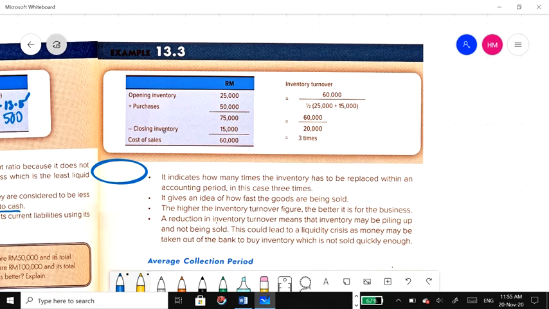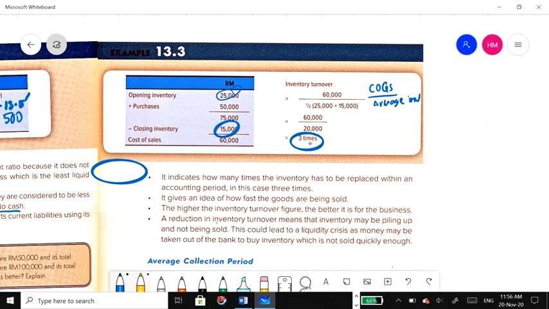So closing inventory you ada 15,000 and cost of sale you dapat 60,000. So inventory turnover kan cost of sales divide with average inventory. So average inventory opening tambah closing bagi 2. So you akan dapatlah 25,000 tambah 15,000 bagi 2, you akan dapat 20,000. So jawapan dia 3 times.